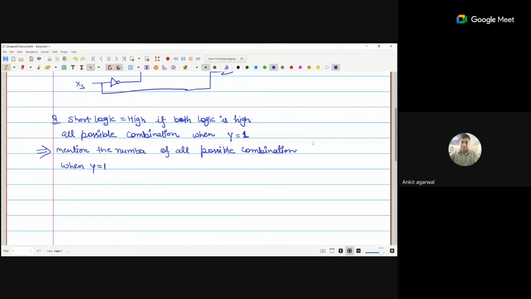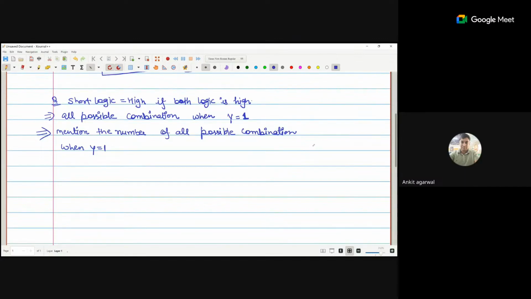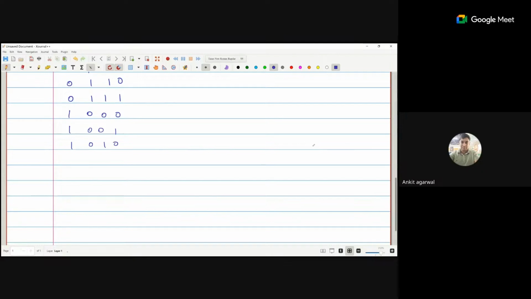So to find all the possible combinations, there are four inputs available, which means the maximum possible combinations is 2 raised to the power 4, that is 16. So X3, X2, X1, X0 go from 0000 to 1111: 0001, 0010, 0011, 0100, 0101, 0110, 0111, 1000, 1001, 1010, 1011, 1100, 1101, 1110, and 1111.